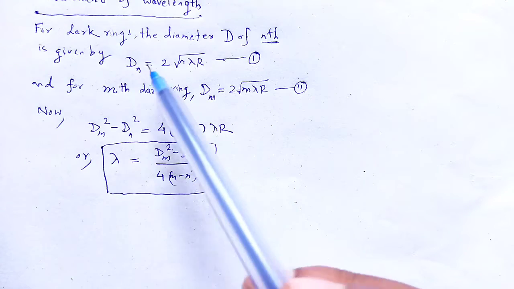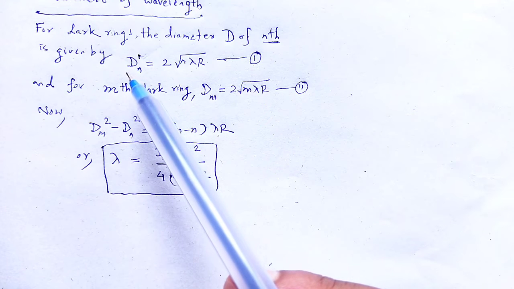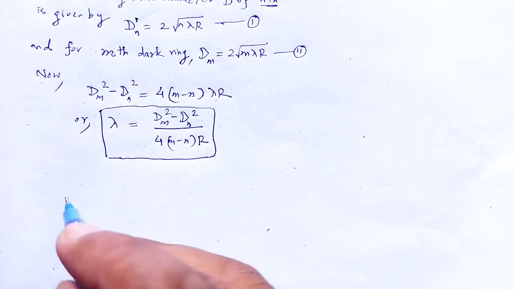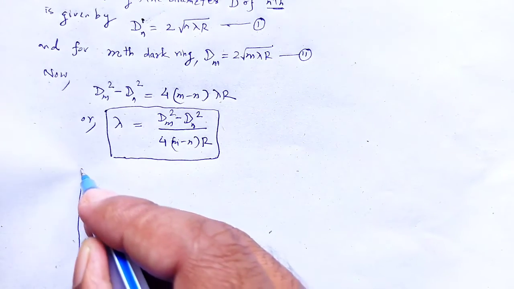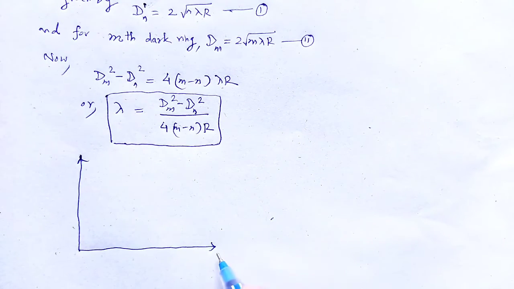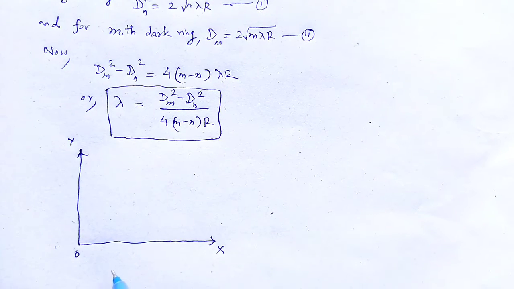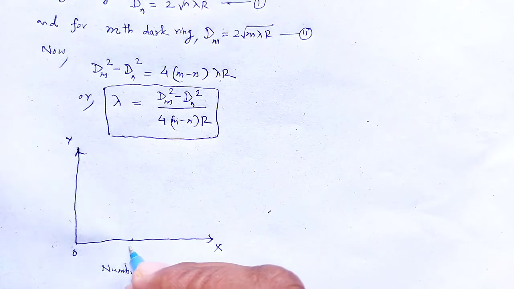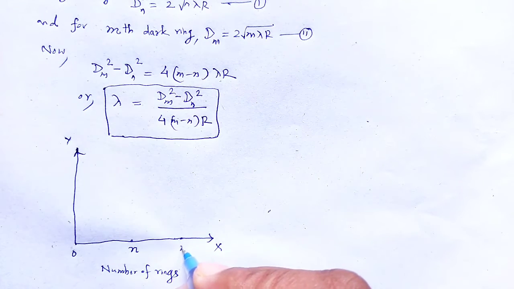So, nth order means any order, maybe 16th or 15th, and the order of that fringe is calculated. With those measurements, we draw a graph. In that graph, on the x axis let us take the number of rings, the nth order ring or mth order ring.